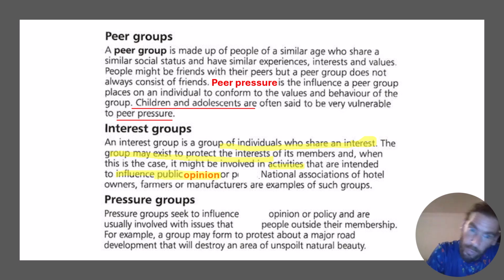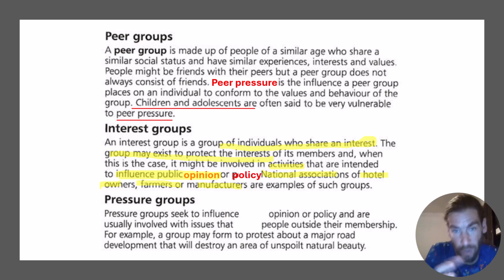Think about the protest actions concerning Playa Lagoon. National associations or hotel owners, farmers, or manufacturers are examples of such groups. But also people organize concerning a certain neighborhood.